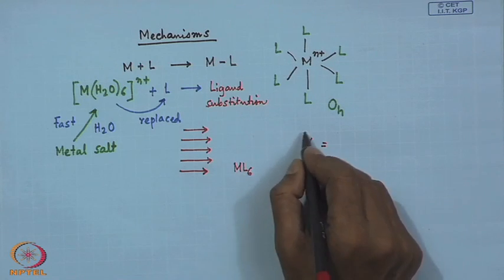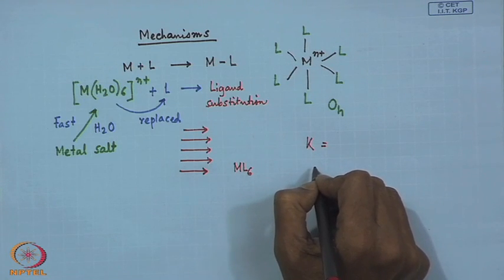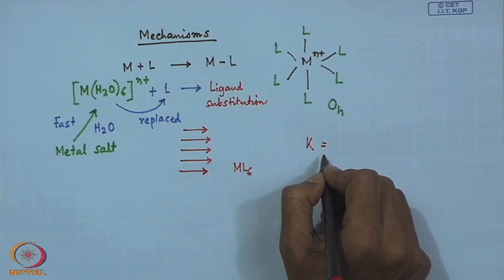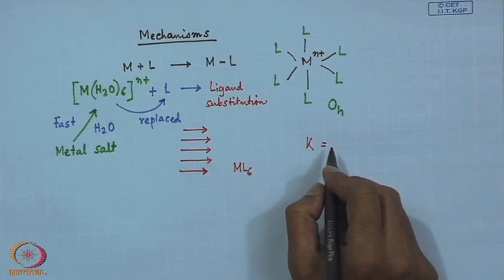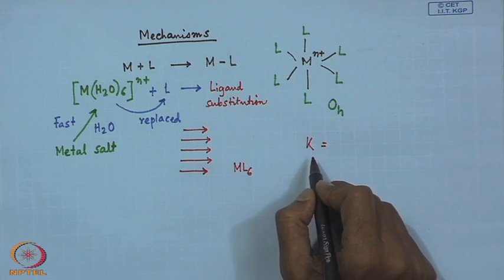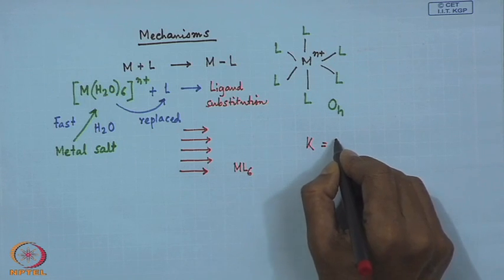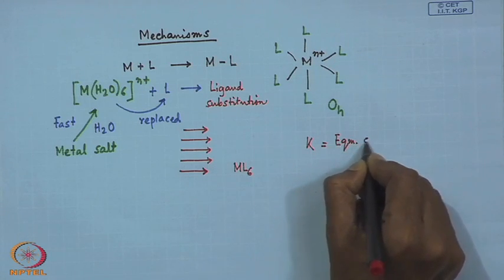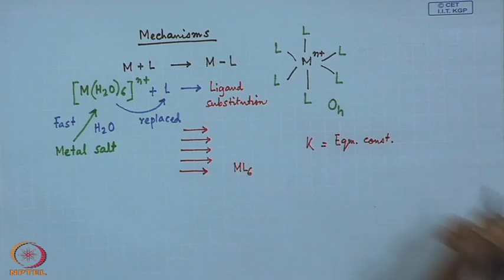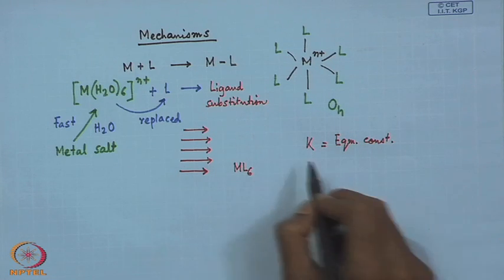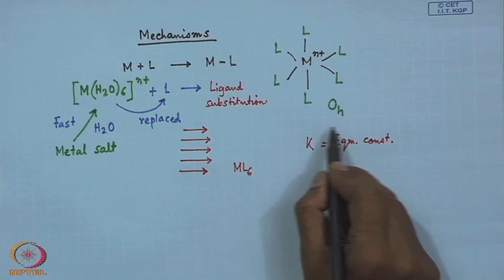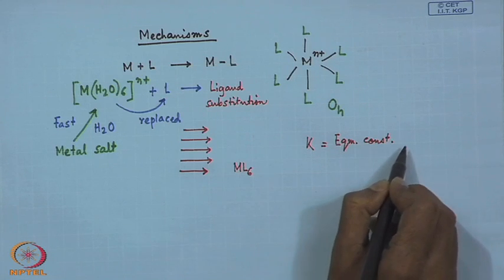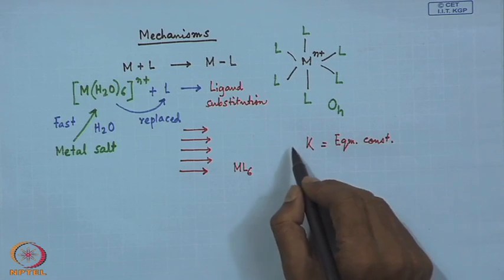We also know that depending upon the nature of the ligand and its chelating behavior, if they are chelating, the stability constant of the metal complexes changes. So this K we get as the equilibrium constant, which has a relation with the thermodynamic stability of the complex.